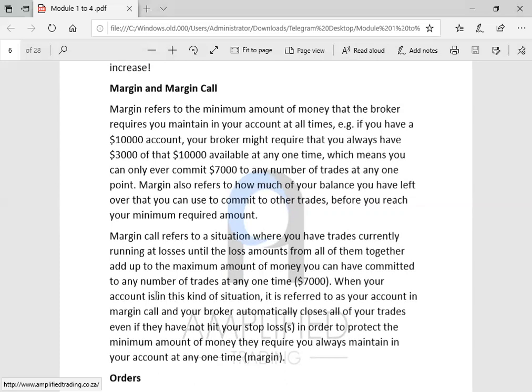The types of pending orders you can use, the limit as well as the stop. Okay. A limit is used if you believe that the market is going to do this, right? So a limit order, if you believe that the market is going to go up and then drop from there, you would use a sell limit.